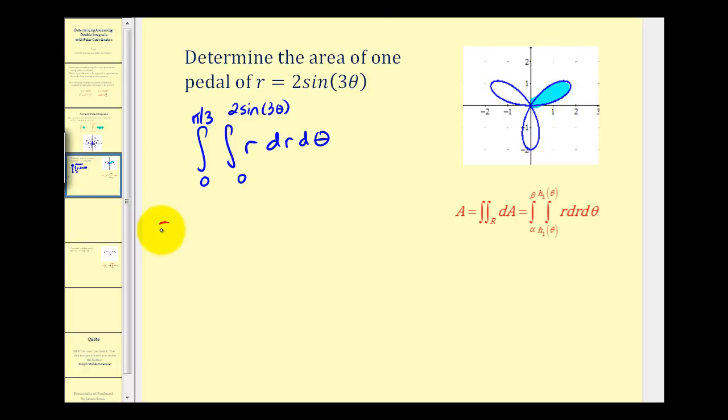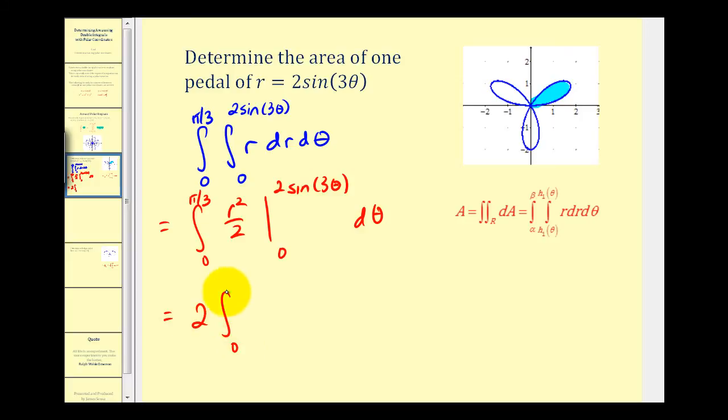Let's go ahead and integrate this. So we're going to have r squared over 2. So when r is equal to 2 sine 3 theta, we'd have 4 sine squared 3 theta, and then 4 divided by 2 would give us 2. So we have 2, integral from 0 to pi/3, and we'd have sine squared 3 theta d theta.